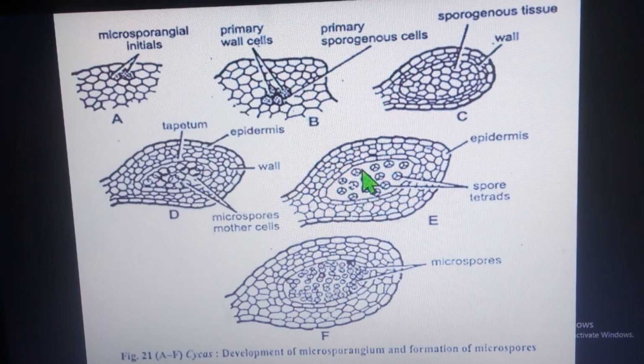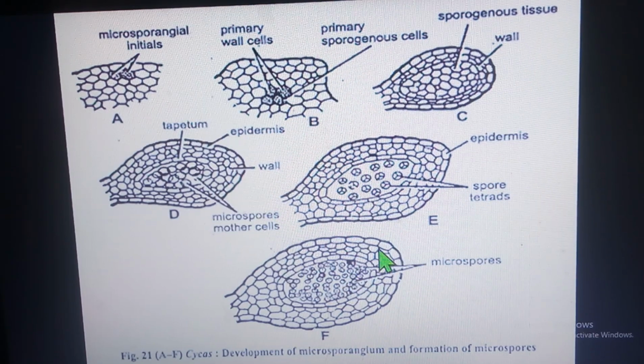These are the tetrads, which will finally form the microspores or the pollen grains, the haploid microspores. So, if you take a look at the structure of the microsporangia, it becomes boat shaped. And also one more thing here, a mature microsporangium is sessile.